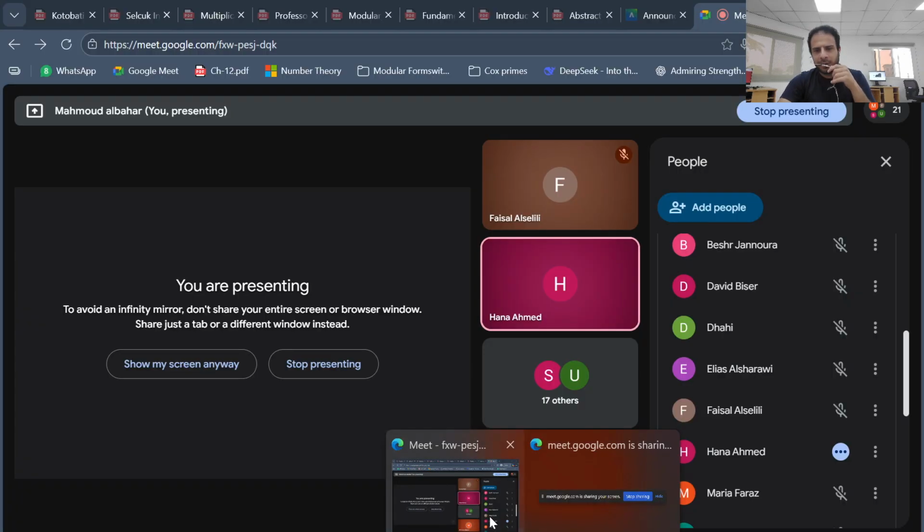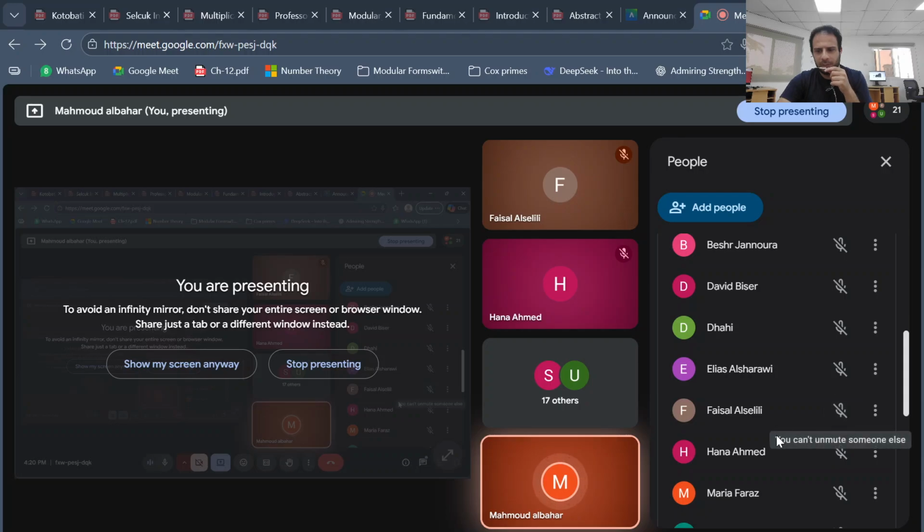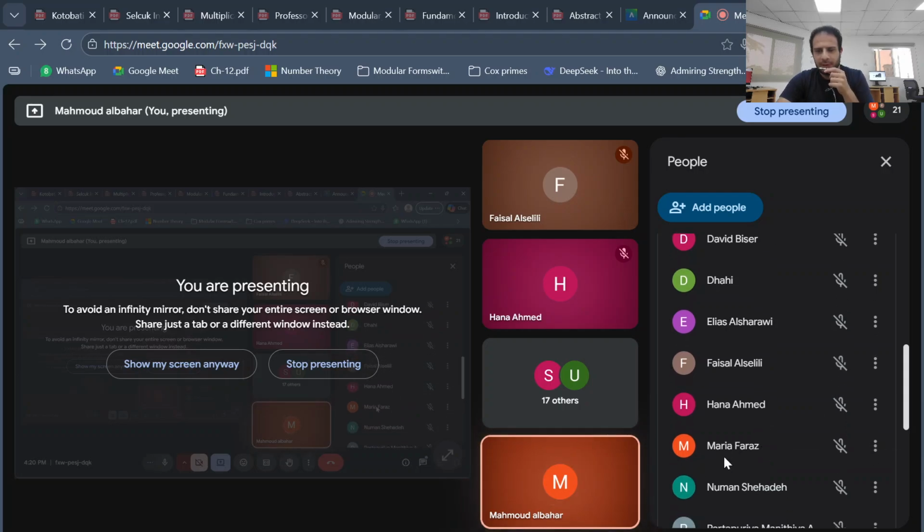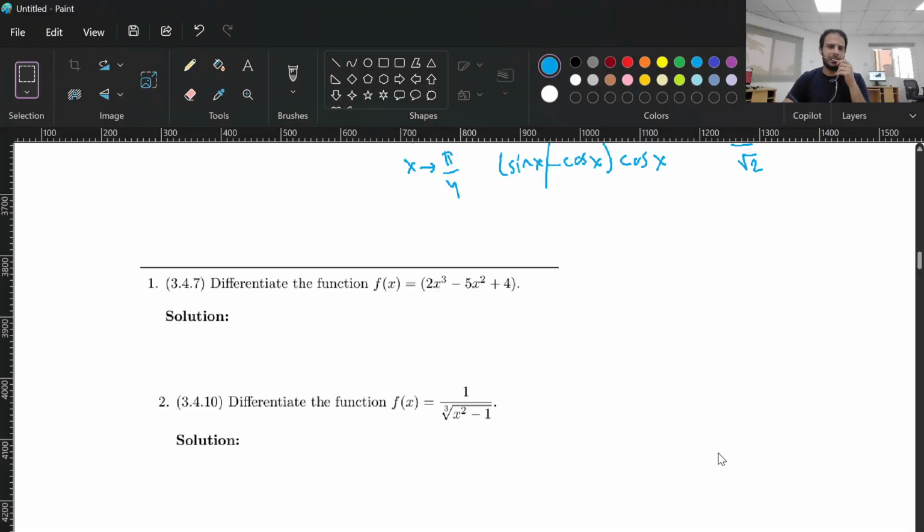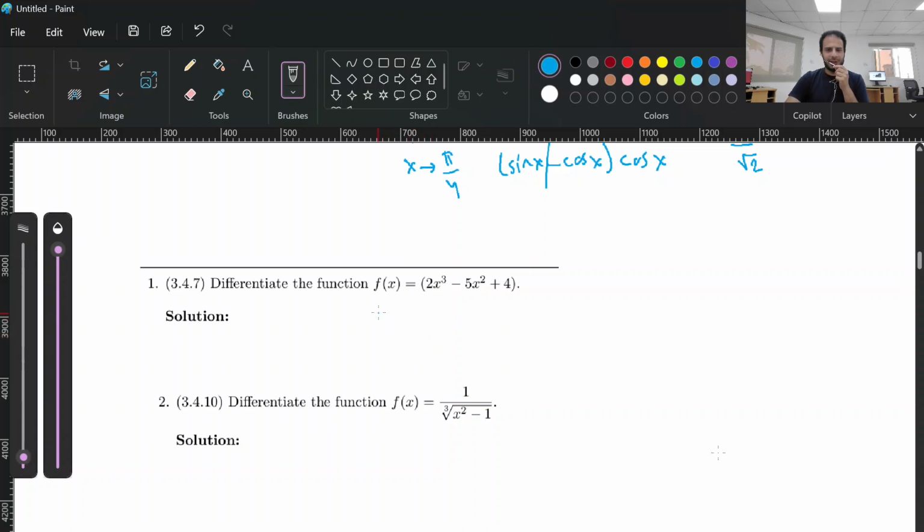I know it's boring to ask you to solve this one, but now Maria. Yes, Professor. Sorry to give you this boring problem, but I need your help with it. Differentiate the function 2x cubed minus 5x squared plus 4. What's the derivative?